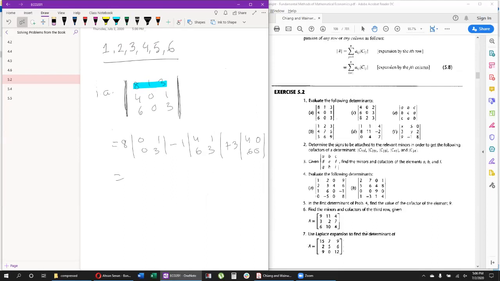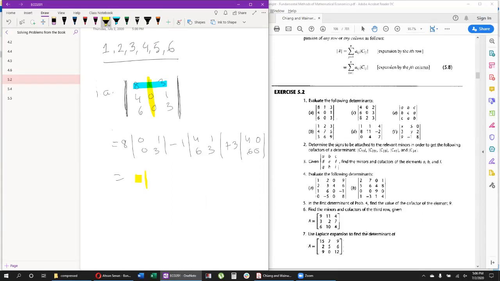We have basically three options, 3 rows and 3 columns. So why not pick the row or the column that simplifies your task? What if we pick the second column? If we pick the second column, look what we have. The 3 elements are 1, 0, 0.